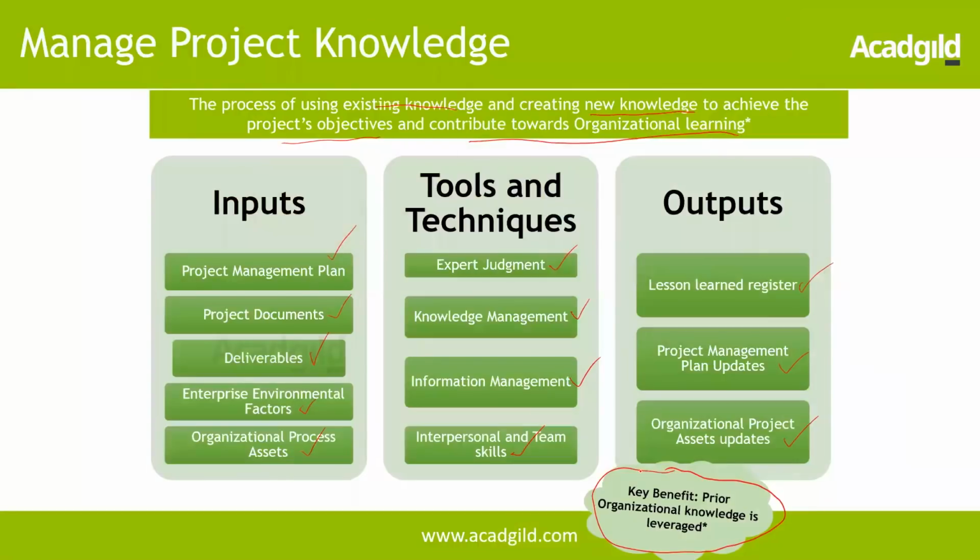But the manage project knowledge literally concentrates on what are the best practices, what are the lessons learned in the previous projects that we can carry over in this project, or which we can take as an input in this project for better project deliverables. So that's where we see the use of existing knowledge and creating new knowledge. So how we can better ourselves in executing this project.